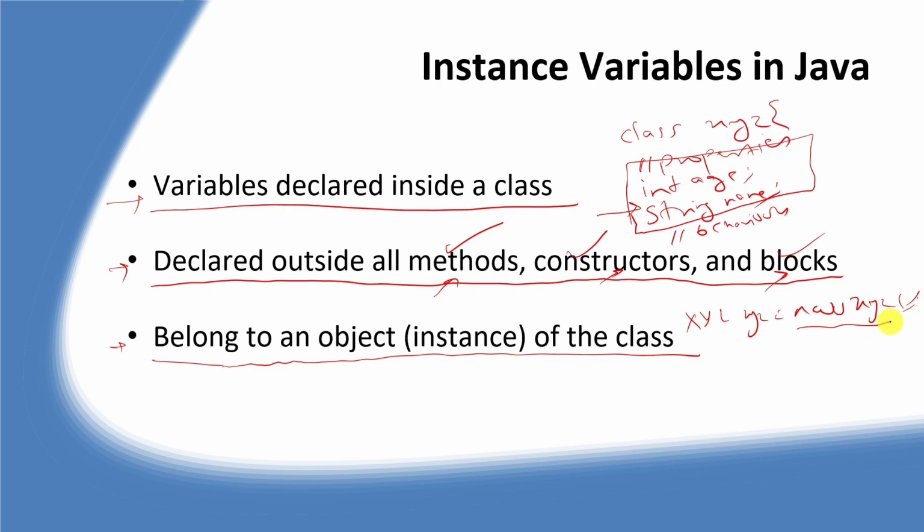So this object will get created in the heap memory, and what properties will this object have? Age and name. Why? Because here we have defined properties of xyz class, age and name. So the same properties this object will be having.